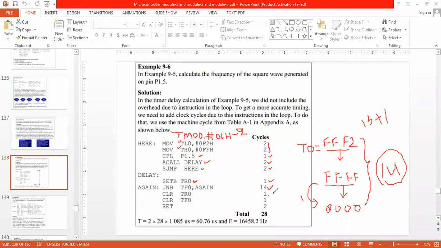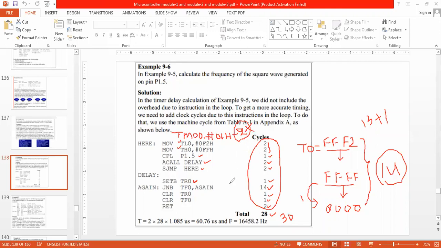CLR TR0, 1 machine cycle. CLR TF0, 1 machine cycle. RET, 2 machine cycles. So in total, how many machine cycles? 28 machine cycles. If I include the two instructions that are not written, it is going to be 30 machine cycles. But though I have not included those, I am considering them by default.